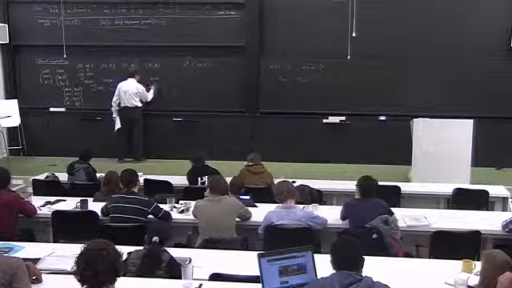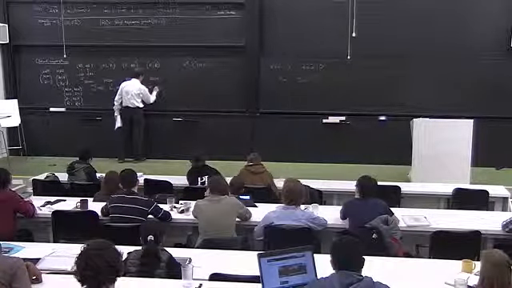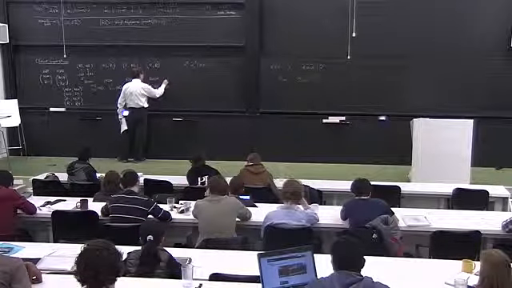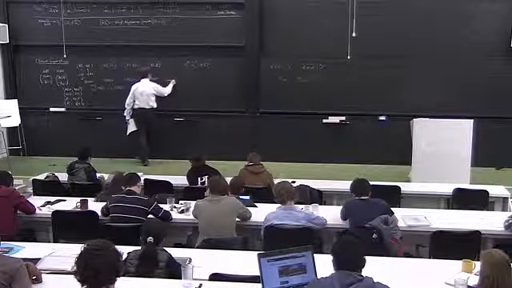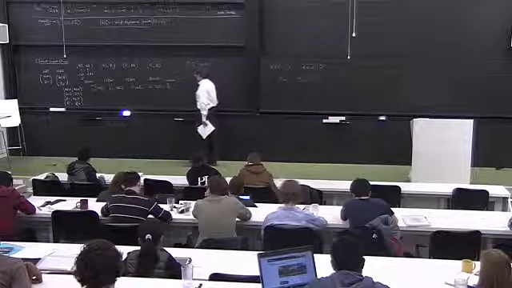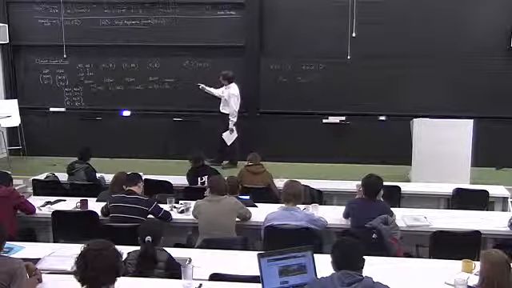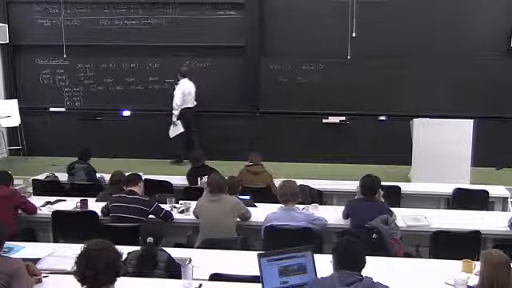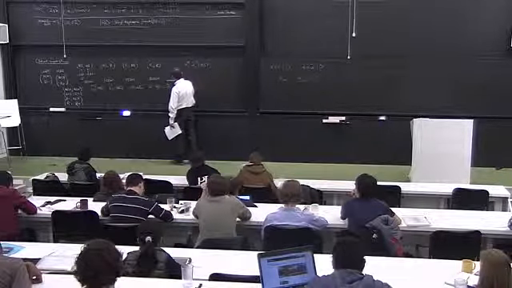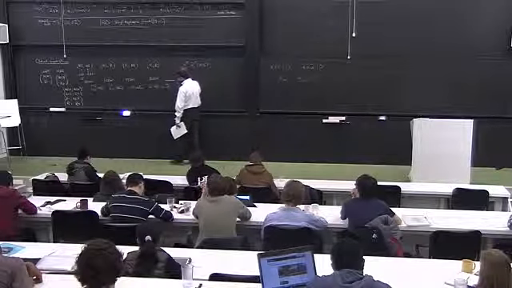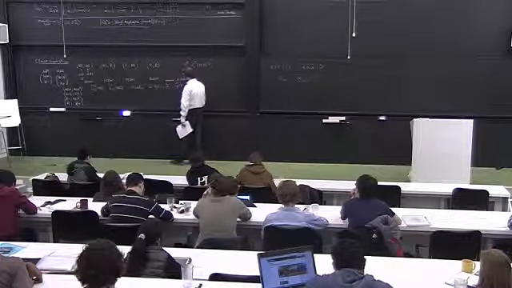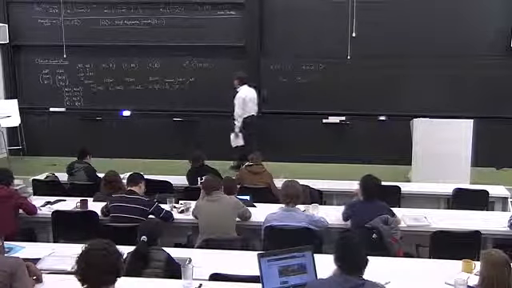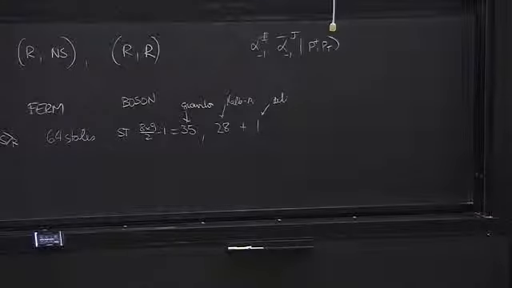Symmetric traceless is 8 times 9 over 2 minus 1 equals 35 for a graviton. Antisymmetric is 8 times 7 over 2, 28 for a Kalb-Ramond. And 1 for a dilaton. And this better add up to 64. Do they? Yeah, they do.